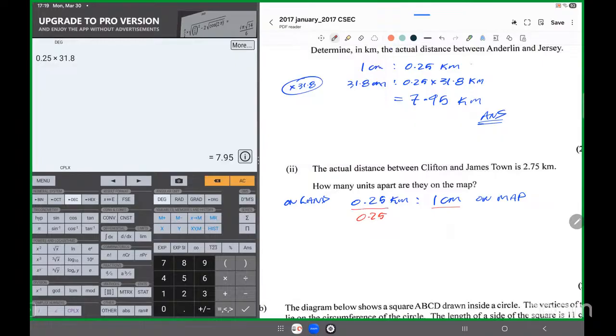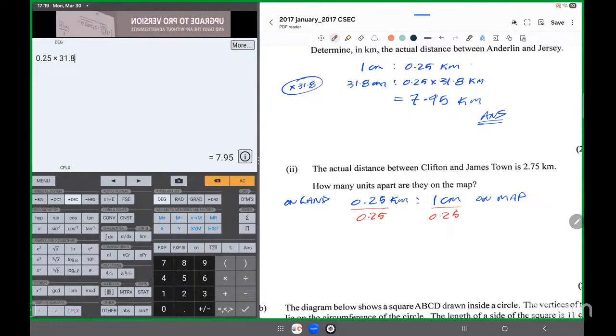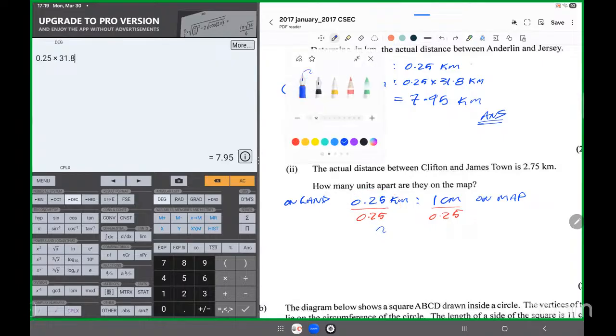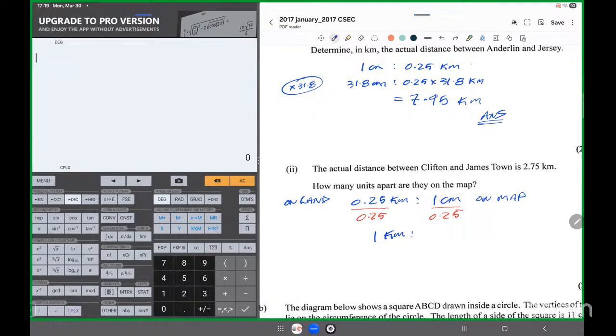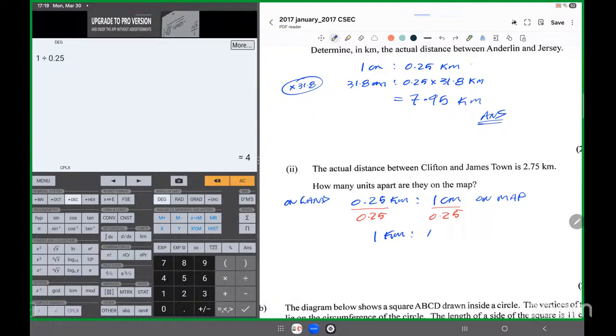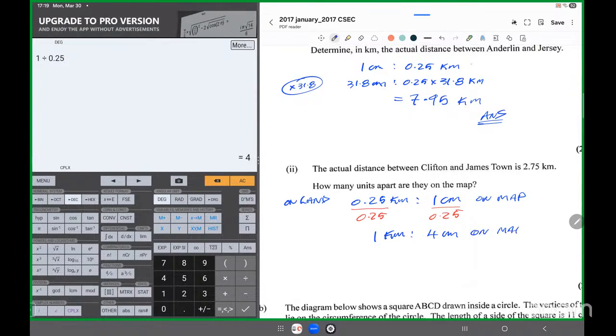But I've divided this side by 0.25 as well. Then after I do that, I really want it to become 2.75. So it is now 1 kilometer. It's 1 divided by 0.25, which is 4. That is 4 centimeters on the map. And I really want this to become 2.75.